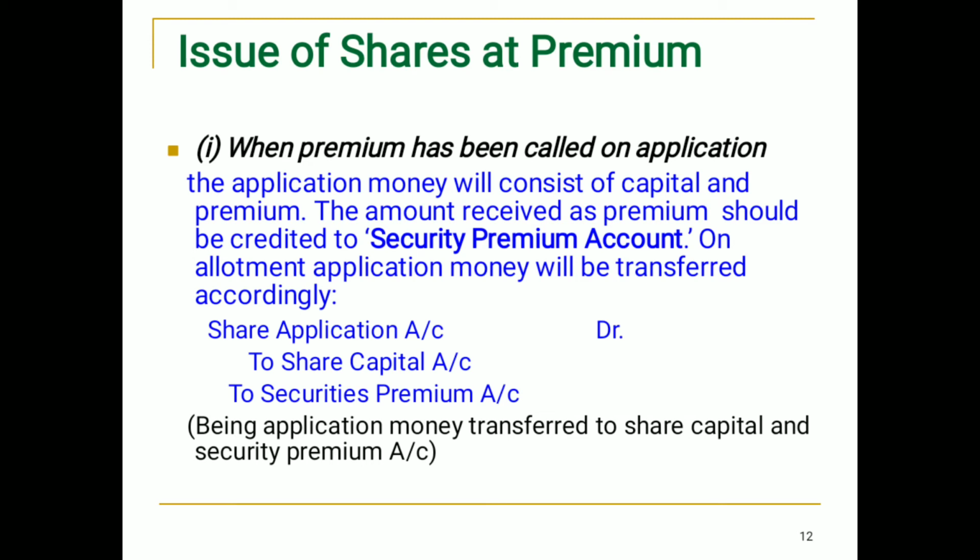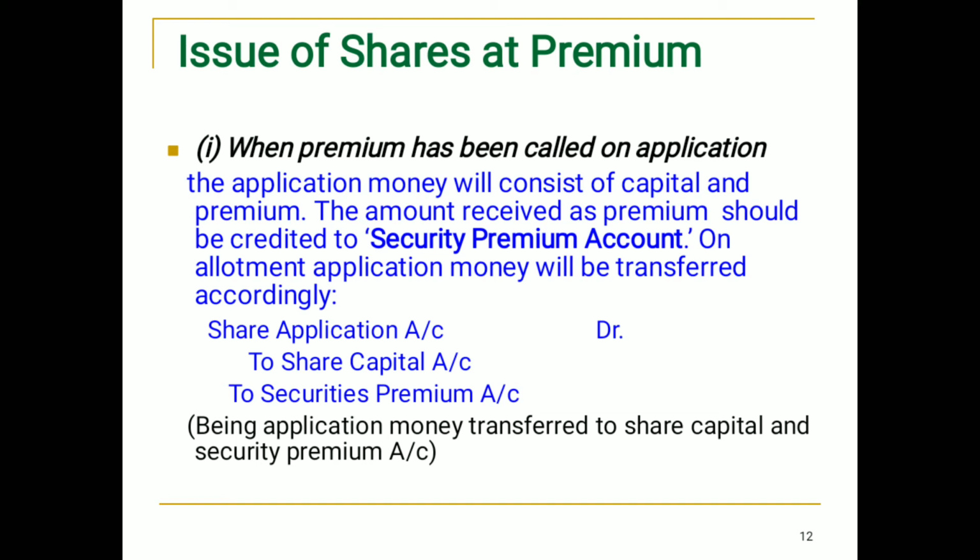It is not called separately, but it is called up with any of the installments, which should be clearly mentioned in the question. So now when premium has been called on application, that means with application, the application money will consist of capital, that is the amount of share capital, and premium.